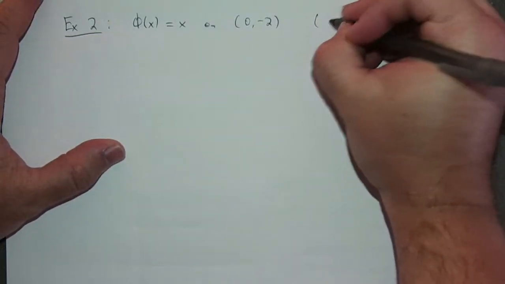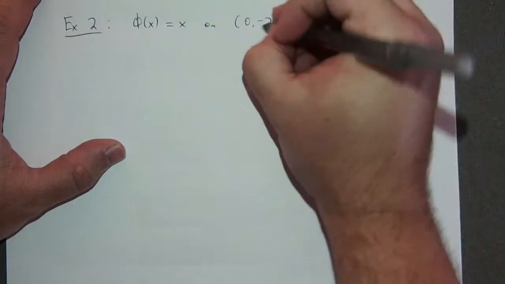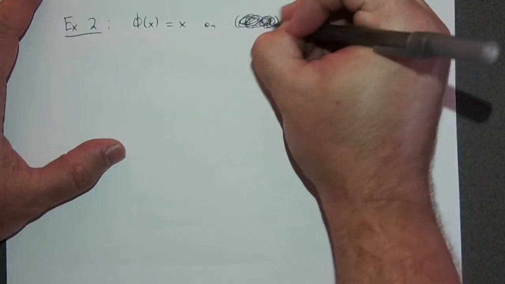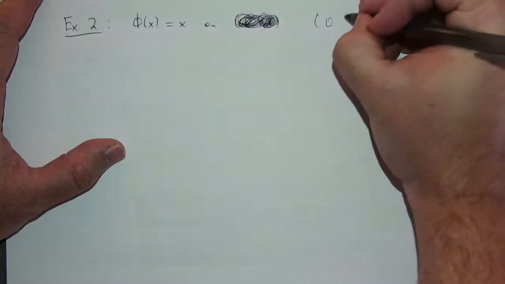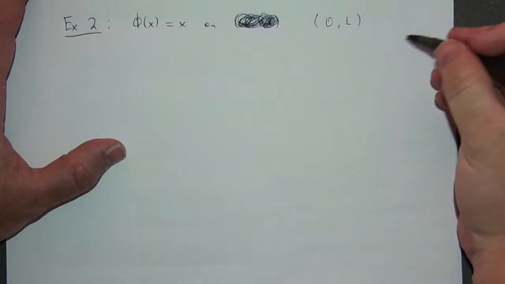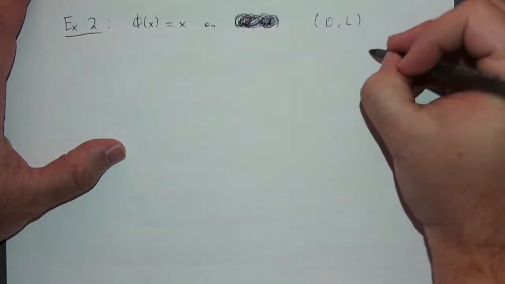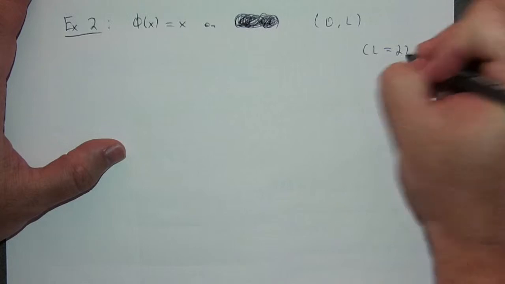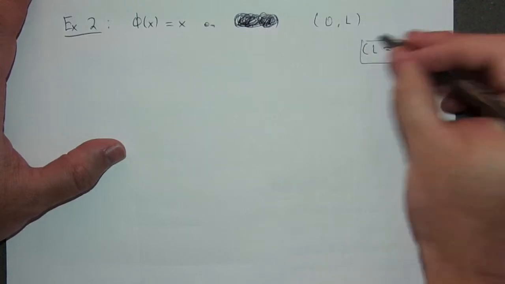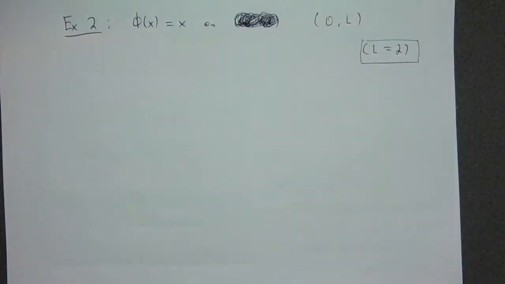Or more generally, let's do this on 0 to L. Of course, we'll pick L equals 2 in our specific plots, but there's no reason why we have to do that. This just gives us something to work with in these pictures.